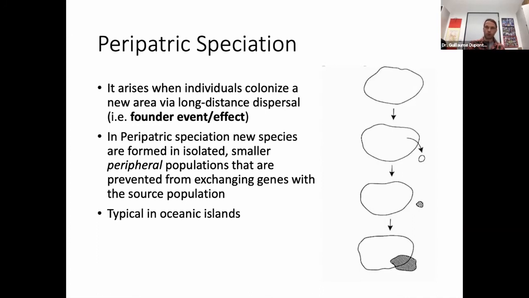And because of the distance between these two populations, there's reduced or no gene flow. And this is a typical mechanism to explain speciation on islands.